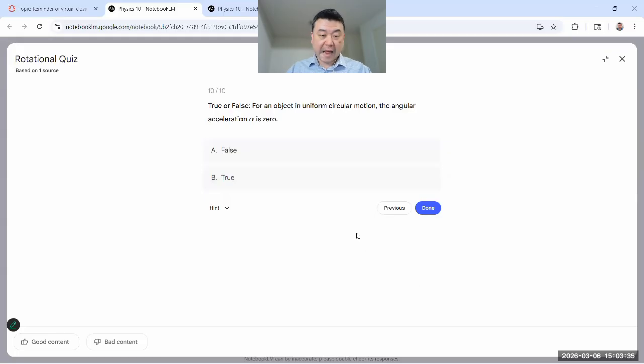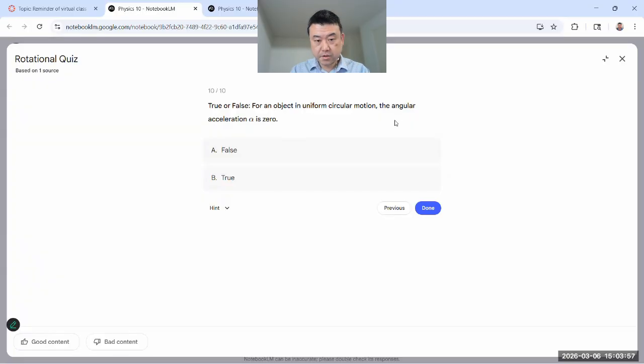All right. Last question. True or false? For an object in uniform circular motion, the angular acceleration alpha is 0. No, because it's v squared over r. The tangential acceleration is 0. Tangential or... oh wait. Sorry, I almost answered too quickly.